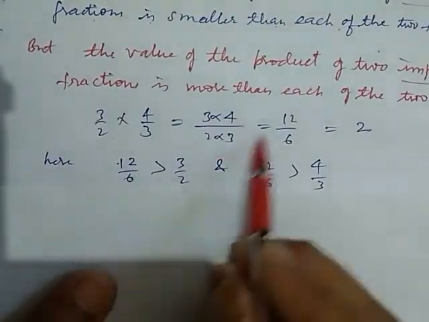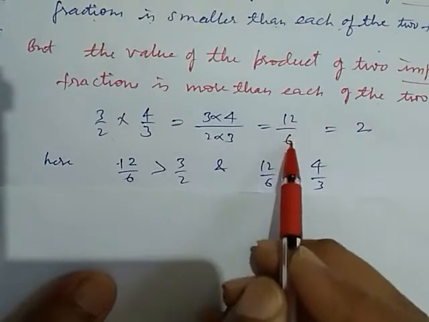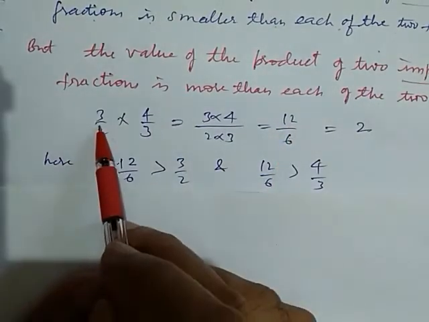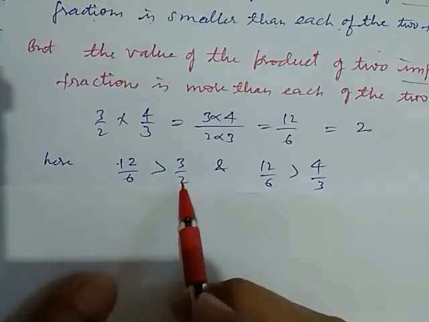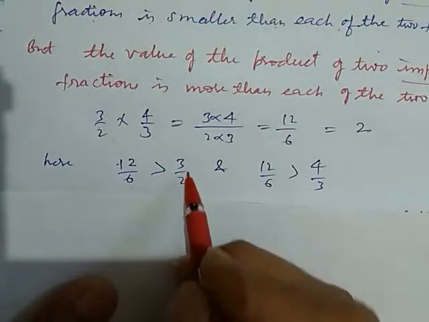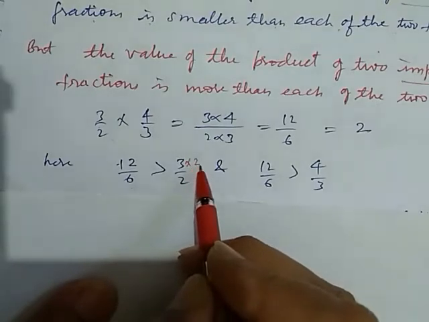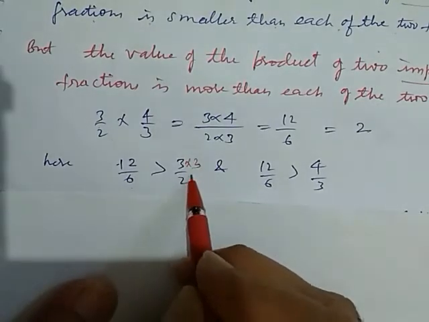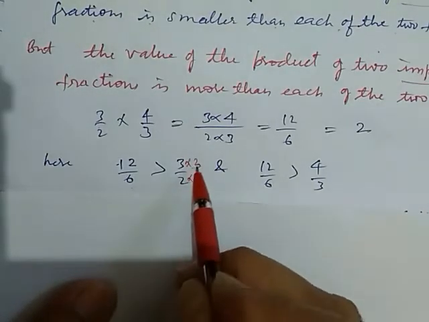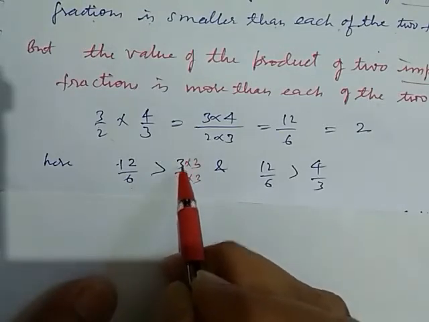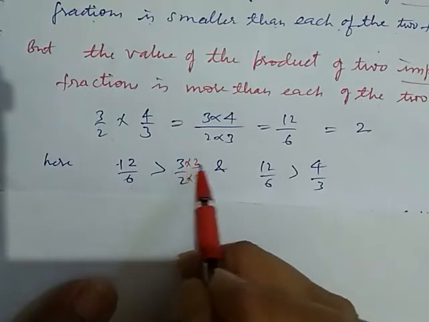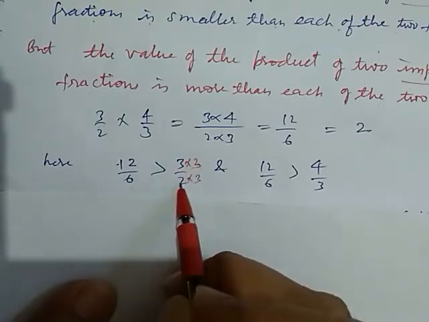Now we compare. Here 12 by 6, the product of two improper fractions, is greater than this 3 by 2. How? We convert this into an equivalent fraction by multiplying by 3. When we multiply 3 by 2 and 3, this becomes 3 3s are 9 and here 2 3s are 6.